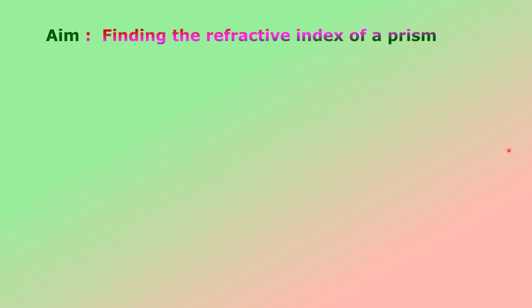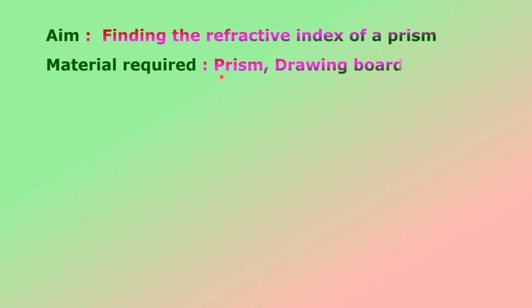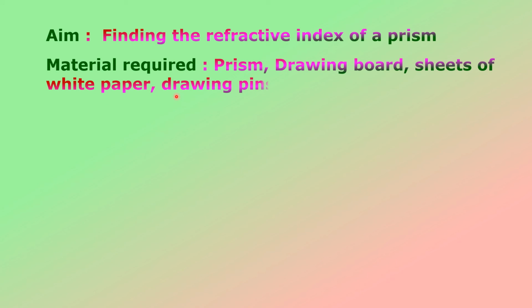Then what are the materials required in doing this lab activity? Material required: prism, drawing board, sheets of white paper, drawing pins, ordinary pins, that is all pins, scale and protractor.